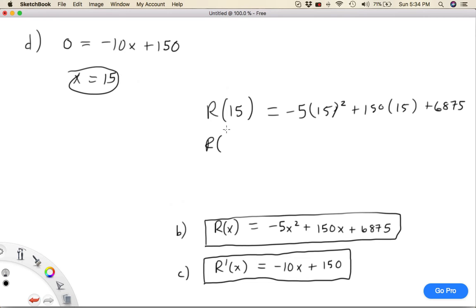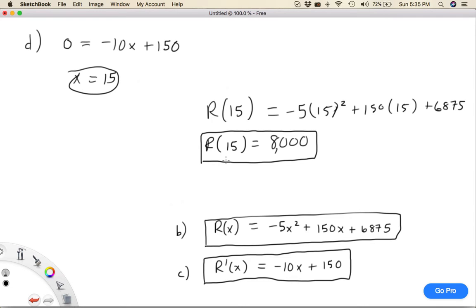Okay, so the revenue, when we have 15 additional people, should be $8,000. Okay, so is that part E? That was part E, that's the maximum revenue. Okay, so now, well, yeah, that's the end.